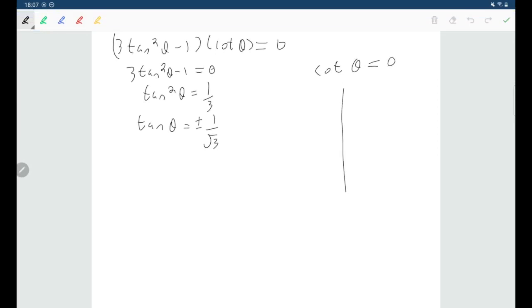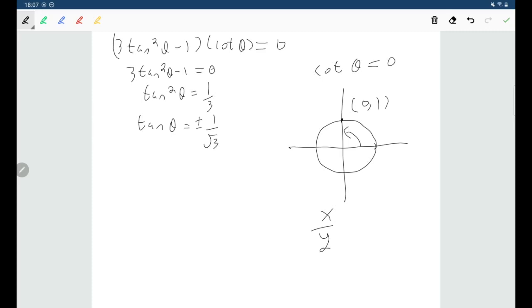For cotangent, that one's the more straightforward one. If you're thinking in terms of the unit circle, remember that cotangent was defined as being x over y. And there's two angles where x over y would be 0. One would be if we're thinking about pi over 2. On the unit circle, that would be the point 0, 1.